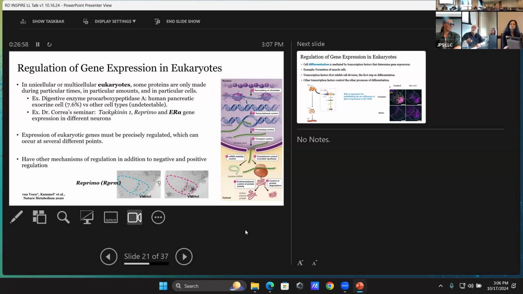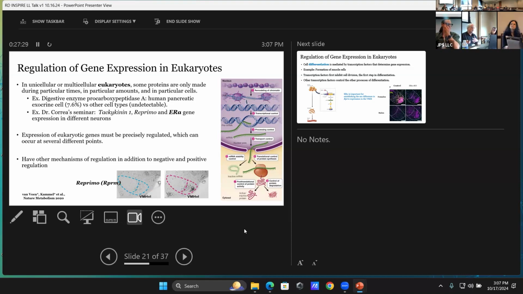So, for instance, she'll talk about how there are genes that are expressed in digestive tissues, but not in other cell types like skin or in the eye. But then from the seminar, we've got these other genes that Dr. Correa talked about that follow a similar kind of cell-specific expression.